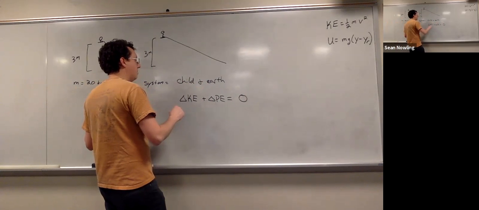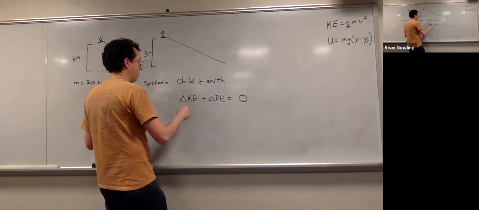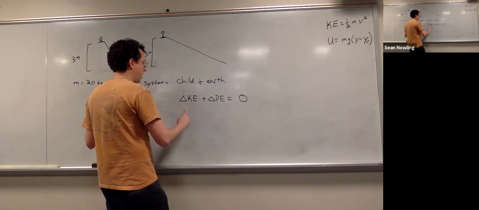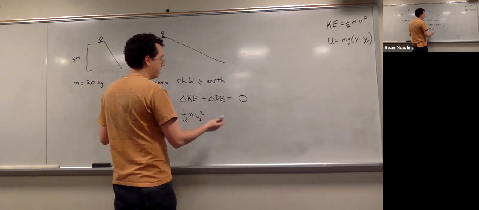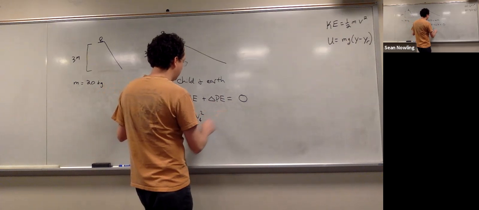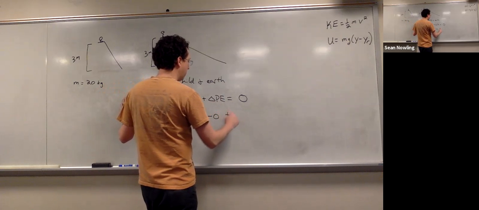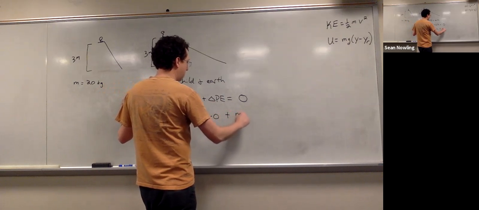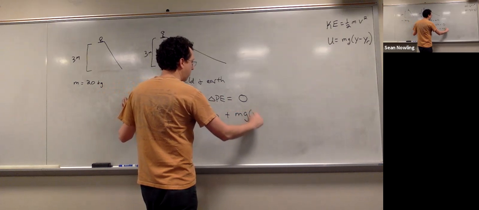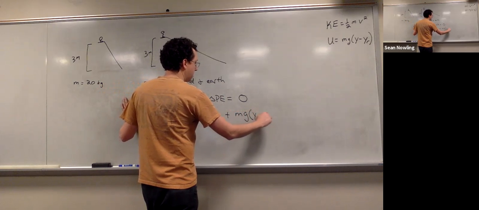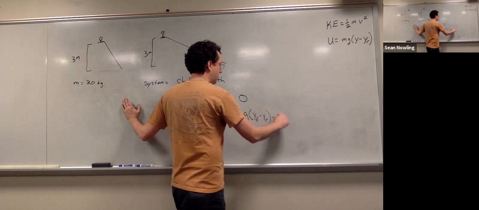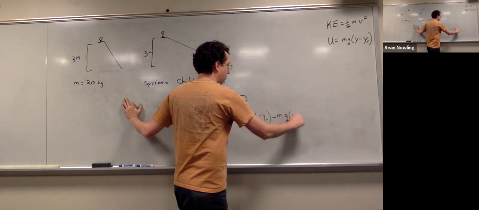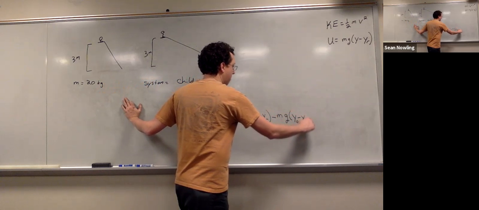Let's go ahead and work this out. We'd say this is 1/2 m v final squared. The initial velocity is 0, so I get minus 0, plus mg times (y final minus y ref), minus mg times (y initial minus y reference).